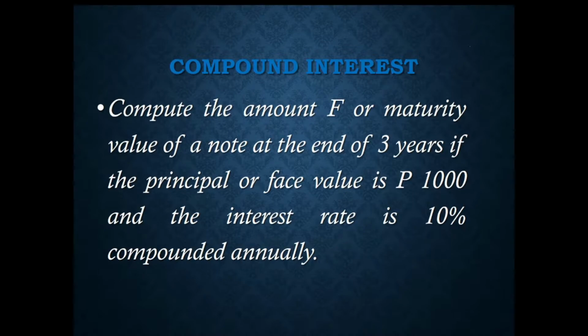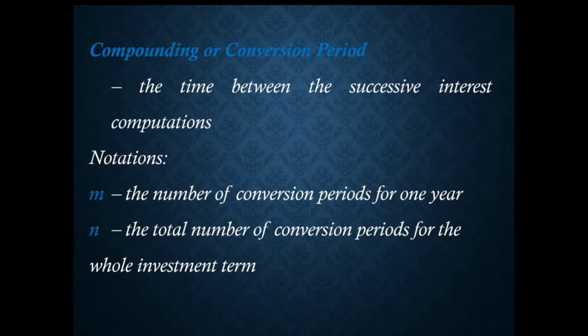So in this case it's at the end of 3 years given the principal or face value, which is 1,000 pesos. So we still have the principal with an interest rate at 10%. However, that given interest rate will be compounded at a certain period. So it will be compounded annually.